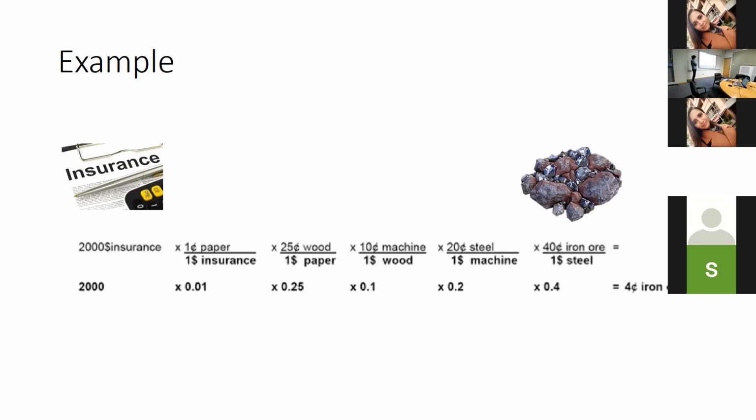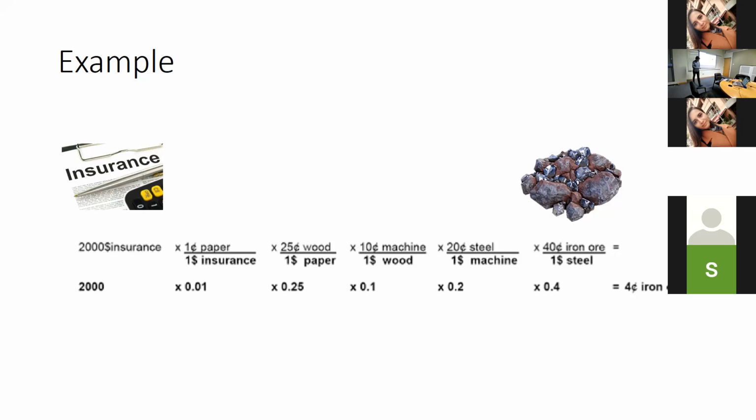Well, the question here could be: if you follow your input-output table from the insurance to the iron, will it allow you to answer how much iron ore in total the insurance policy needs? It's a funny calculation, huh? Yeah, so in the end, it's 4% worth of iron ore required to deliver $2,000 of insurance. Well, of course not, because that's only the iron needed for the paper, etc.